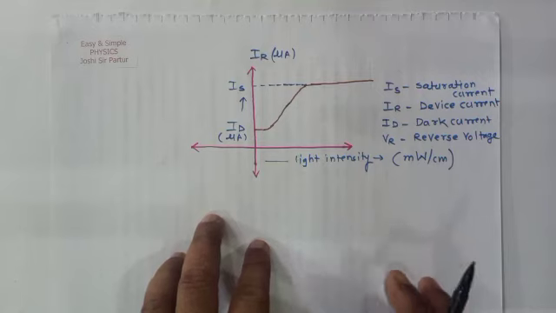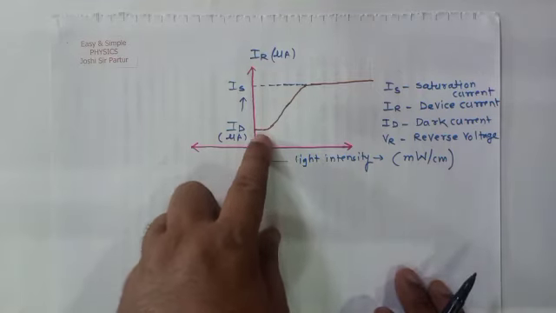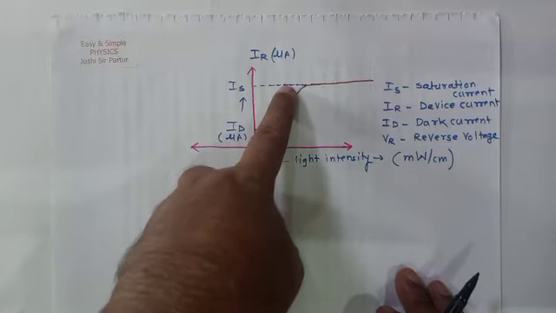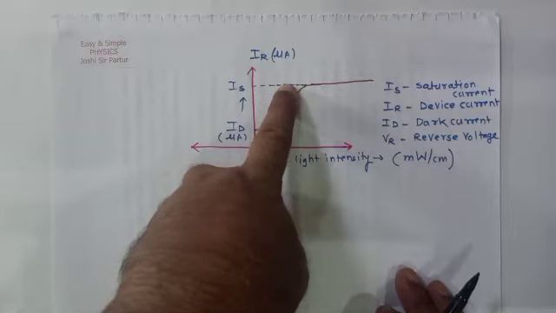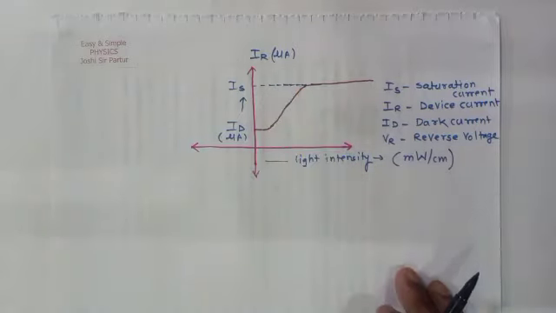From this curve we see that initially reverse current increases with the intensity of illumination and reaches a constant value after a certain voltage.